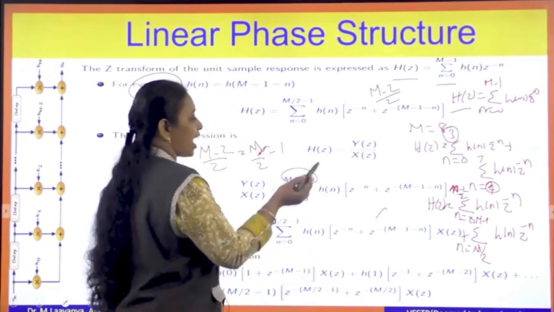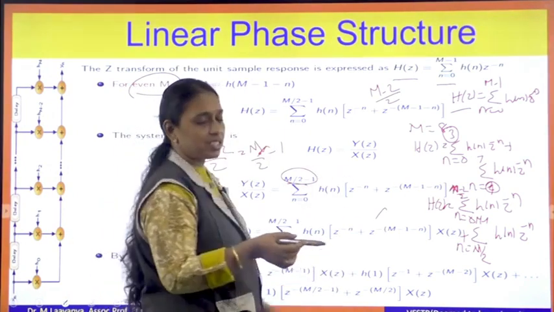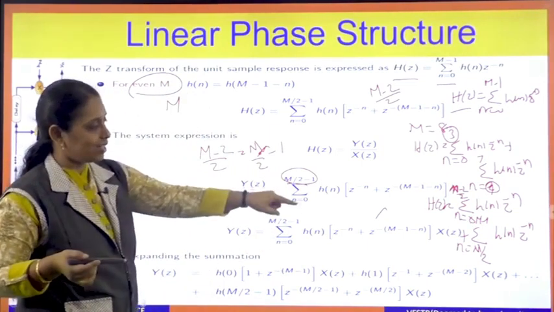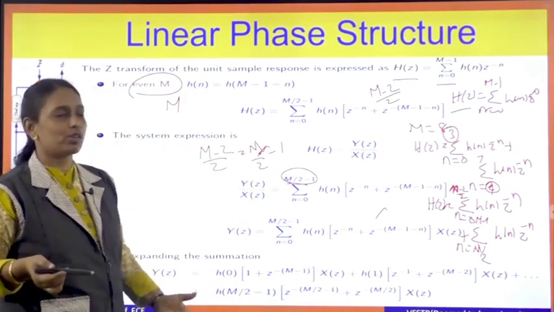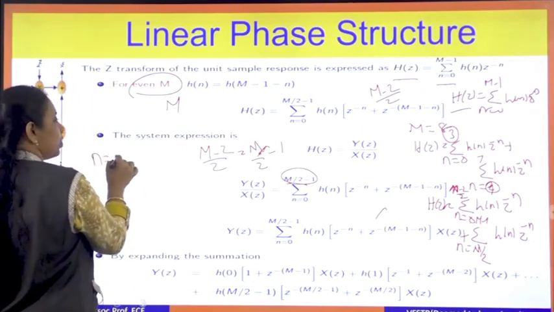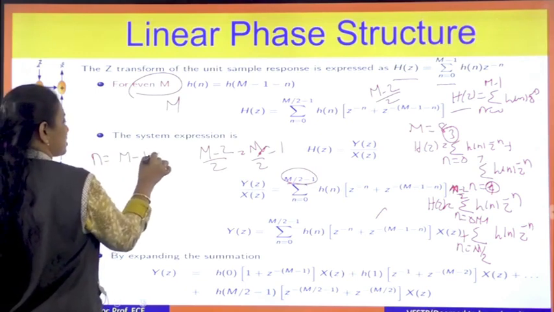Now I want both summations to have the same limit. So in order to do that, the second limit M by 2 and M minus 1, I want to change it. I will change by substituting n equal to M minus 1 minus n.